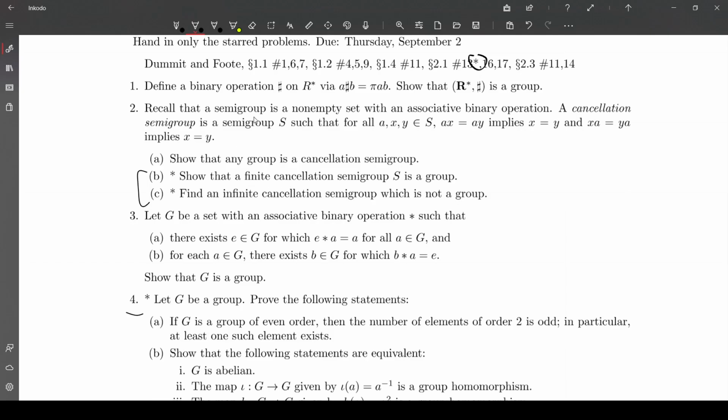So a semigroup is just a set with an associative binary operation, which means you have some function which takes 2 elements in your set and spits out another element in the set, and associative just means if you are applying the operation when you have 3 elements, it doesn't matter if you do the first 2 and then the third, or the second and third and then the first.